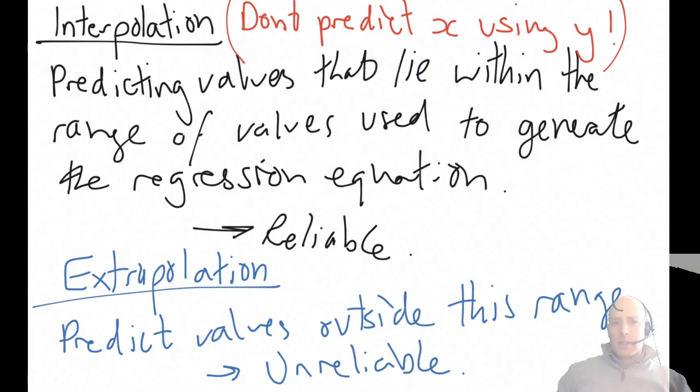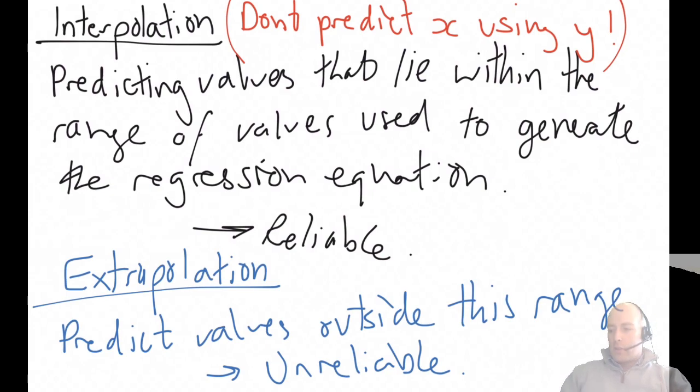And you can never do that safely. We don't know what the data is going to do after the values we've got. Anything outside that would be a guess. And the further outside you get from that, the more likely it is to be wrong. So you've got to be a bit careful when you're calculating things using the regression equation.